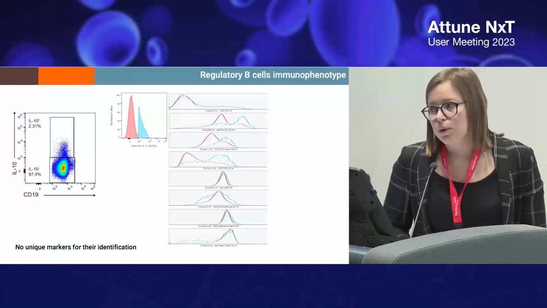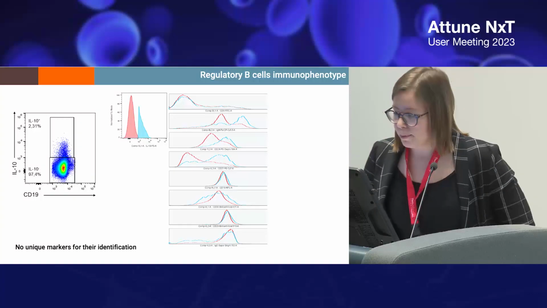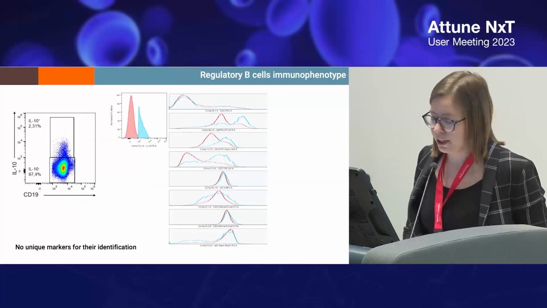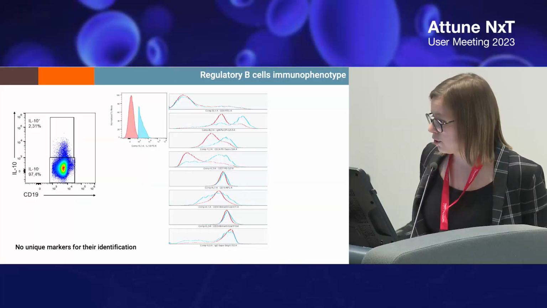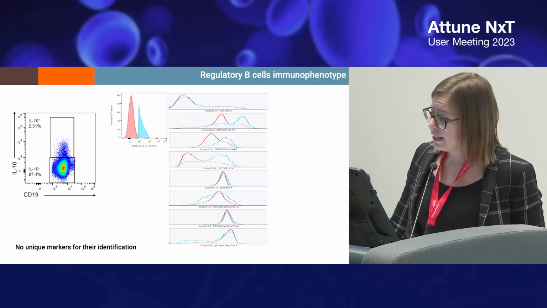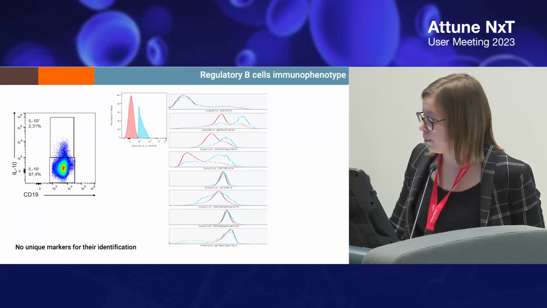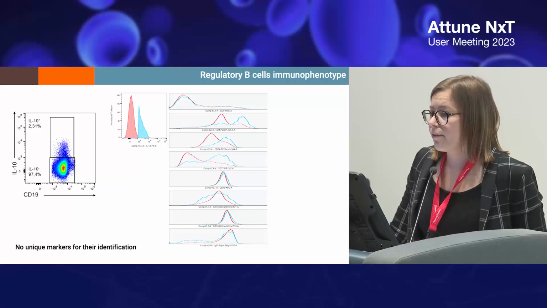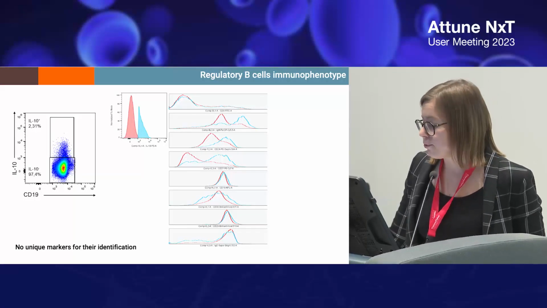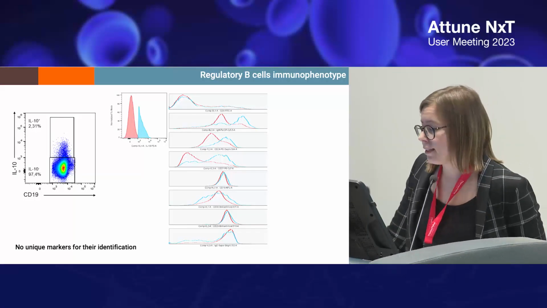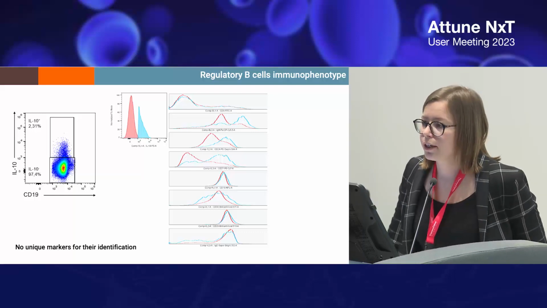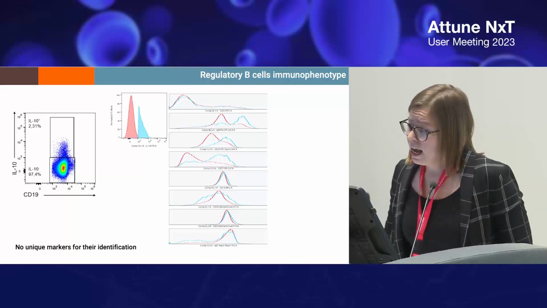If we have a look at their phenotype, you can see that there are no unique markers for their identification, although the IL-10 positive population express higher levels of IgM, CD24, and CD27, but their expression is not unique to IL-10 positivity.